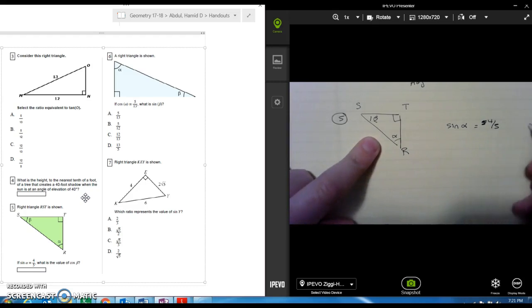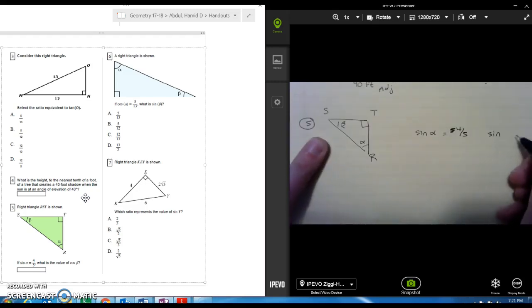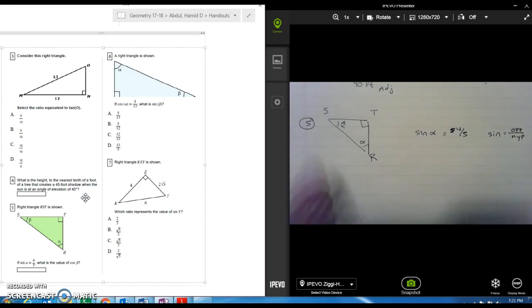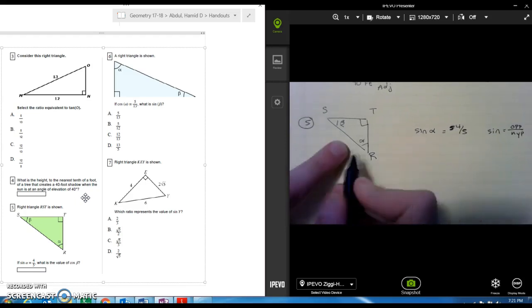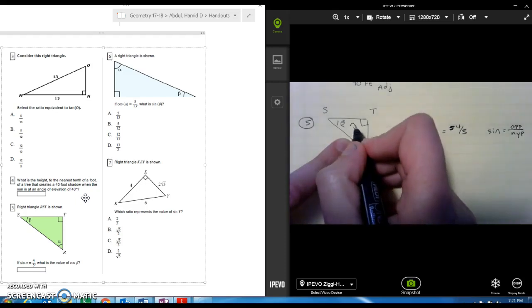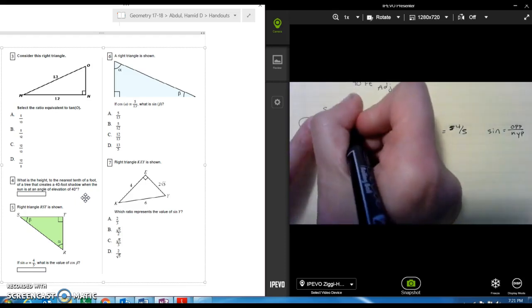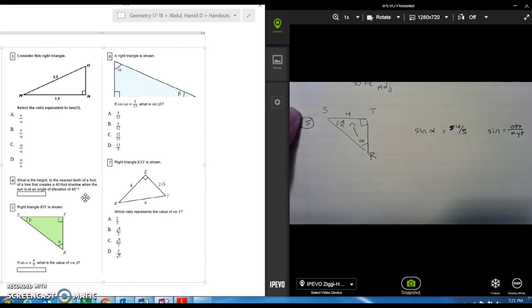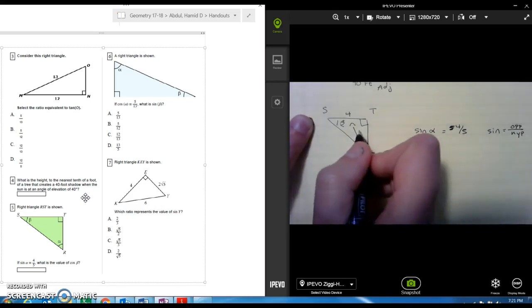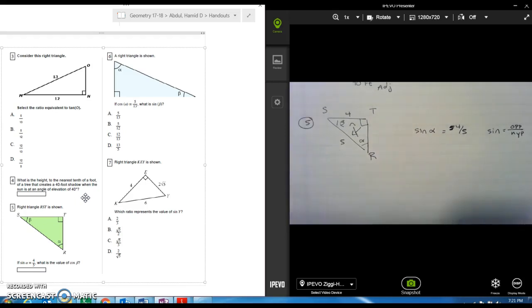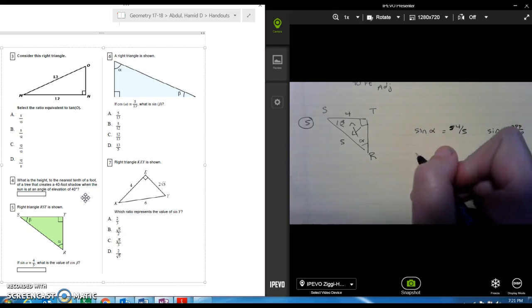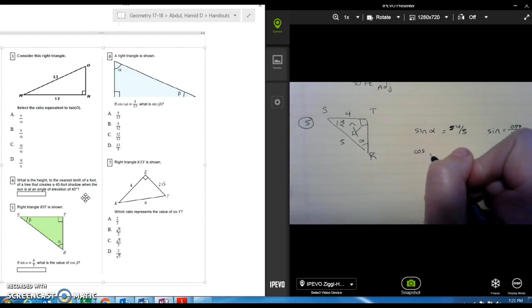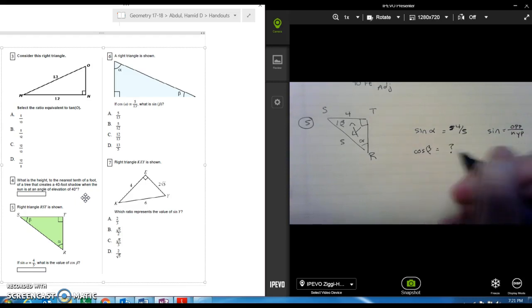So sine is opposite over hypotenuse, right? So I come to alpha, opposite's going to go over here, that's 4, and hypotenuse goes across from the right angle, that's 5. And then they're asking me for beta, so cosine of beta is equal to question mark, right?